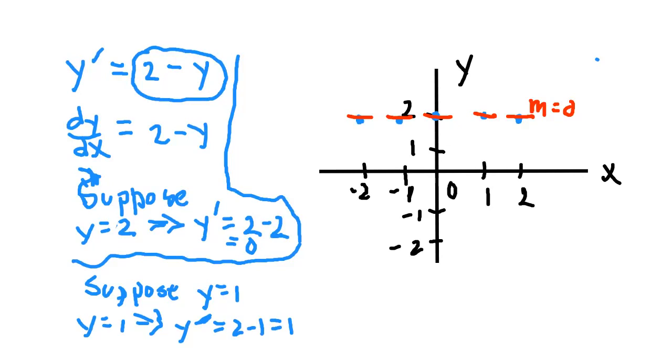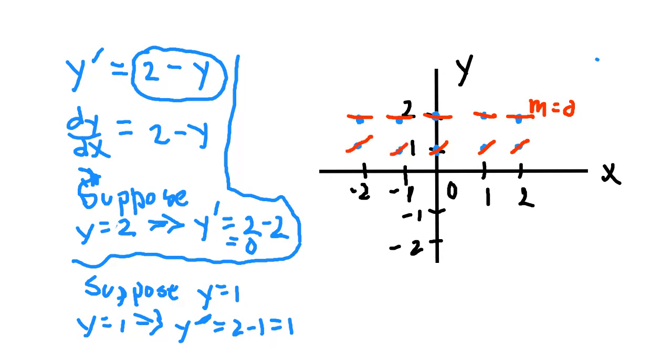So if we were to pick coordinates where y equals 1 and draw tangent lines, the tangent lines would have slope of 1.